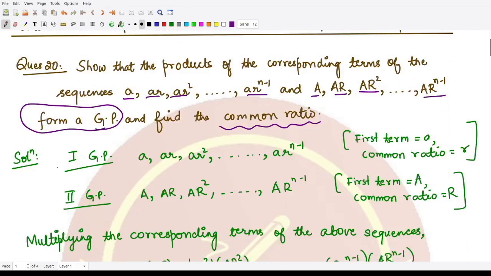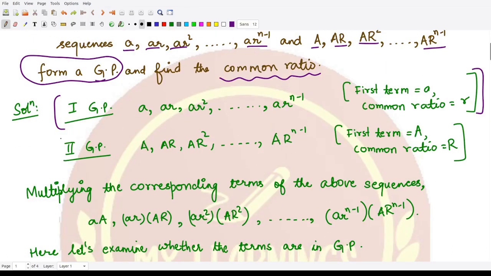For the first GP it is given to us like this. Here you can clearly see small a is the first term and small r is the common ratio. In the second GP, capital A is the first term and capital R is the common ratio. Now we construct another sequence by multiplying the corresponding terms of these two GPs.